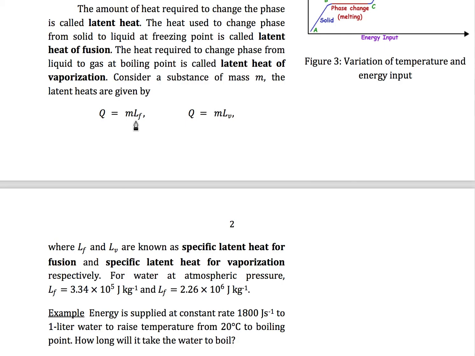For example, L_F is the latent heat used when your matter changes from solid to liquid, and L_V, the latent heat of vaporization, is used when your matter changes its state from liquid to gas.